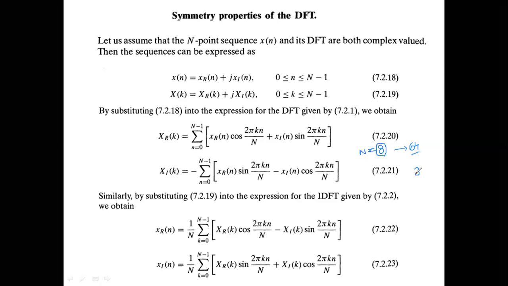That is how many? 33. Now you need to calculate only 33 equations. Isn't it cool? You need not calculate all the equations, you can manage with only half the equations, because we know that the input sequence is purely real, and the remaining values can be calculated just by changing the sign of the imaginary part.